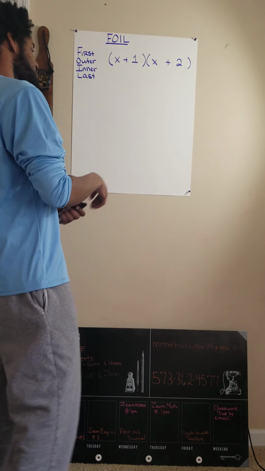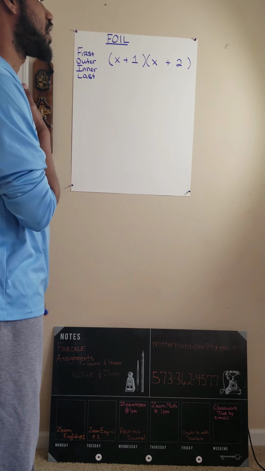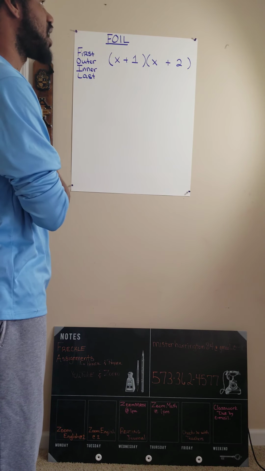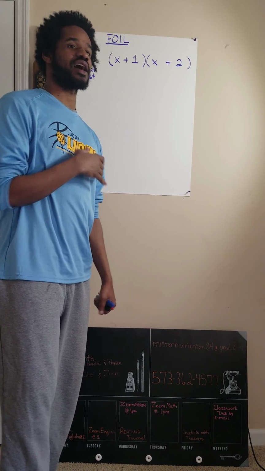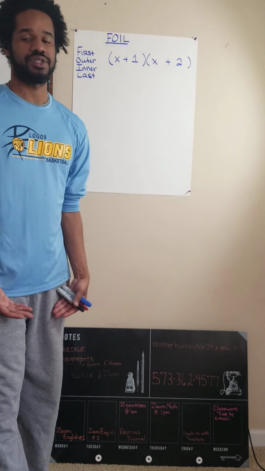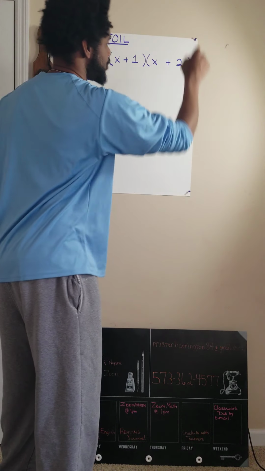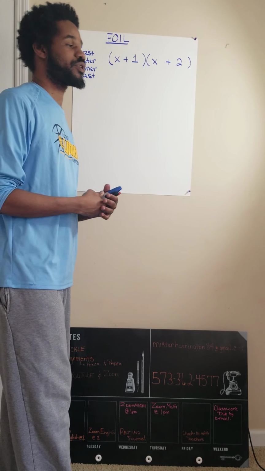Okay, so when we look at FOIL, one of the ways that I try to explain it to my students is, remember when we did distribution, and you had to distribute to each number in, say, a set of parentheses.